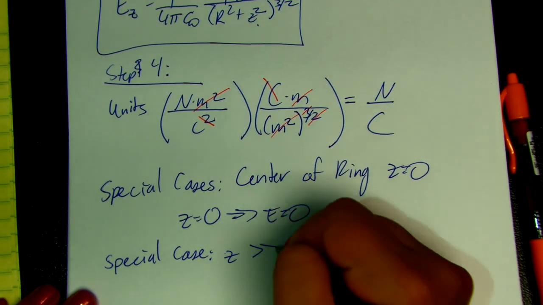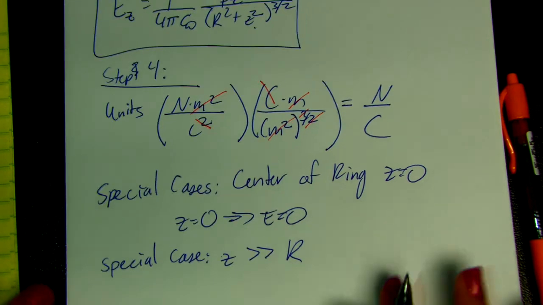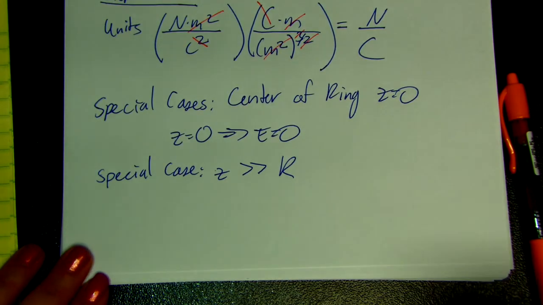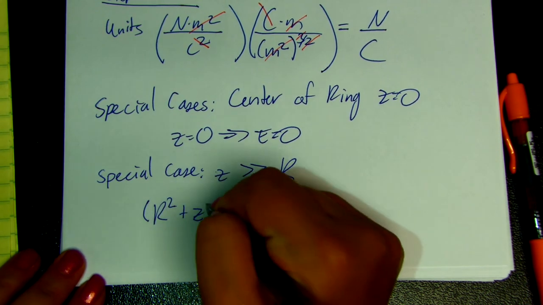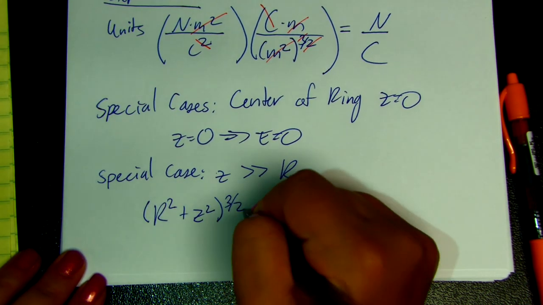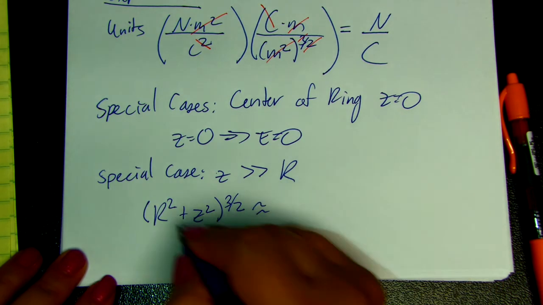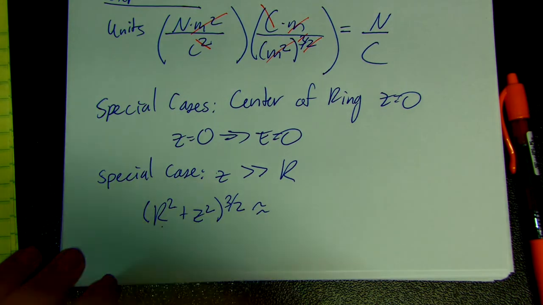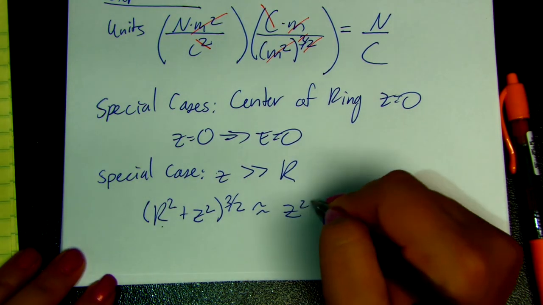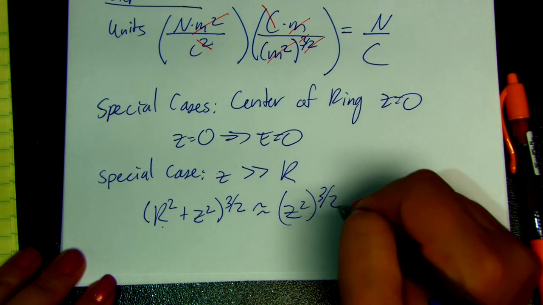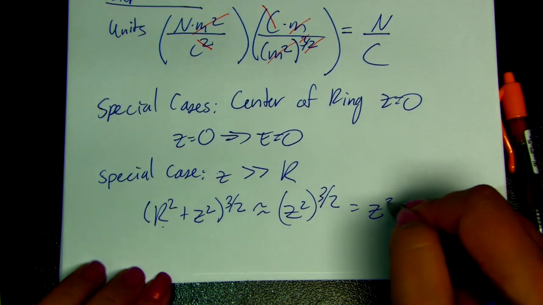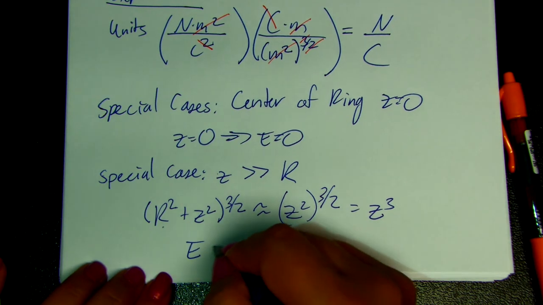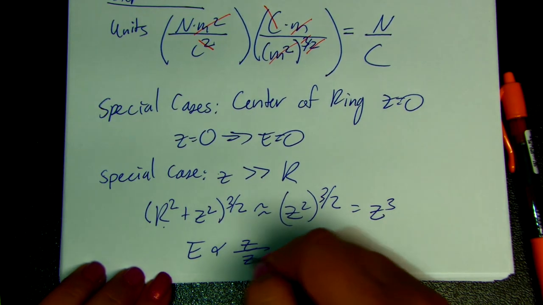Let's look at another special case. z is much, much larger than R. So now we're very far away from the ring. So we have R squared plus z squared to the power of 3/2 is approximately, this now becomes negligible, so we've got z squared to the power of 3/2, which is z cubed, and so the electric field is proportional to z over z cubed.